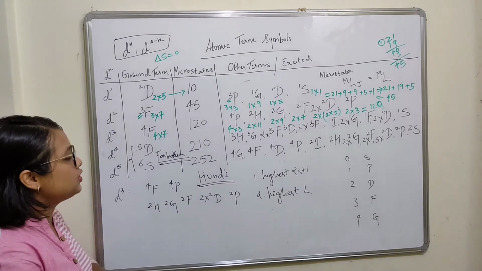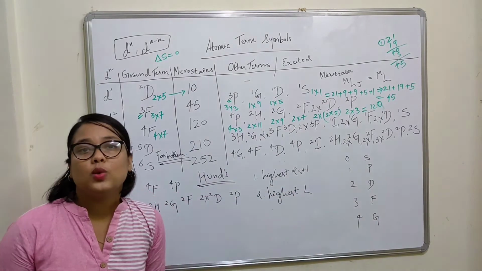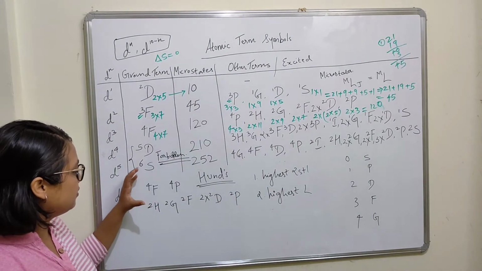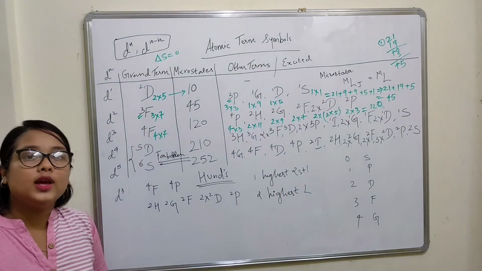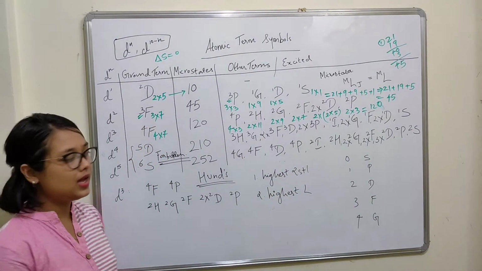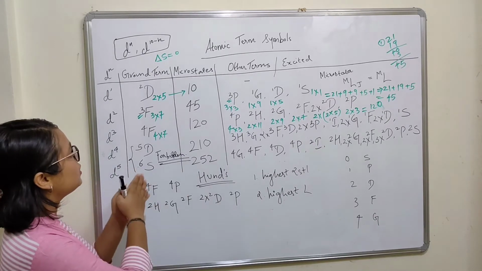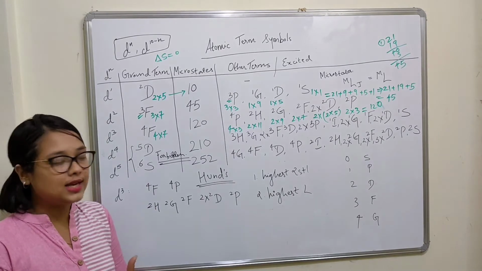The first rule is that we have to select the highest 2S plus 1 value. The microstate which has the highest 2S plus 1 value is going to be the ground state term symbol. Highest 2S plus 1 value means it is going to have lowest energy, and the ground state term symbol is supposed to have the lowest energy compared to the excited states.